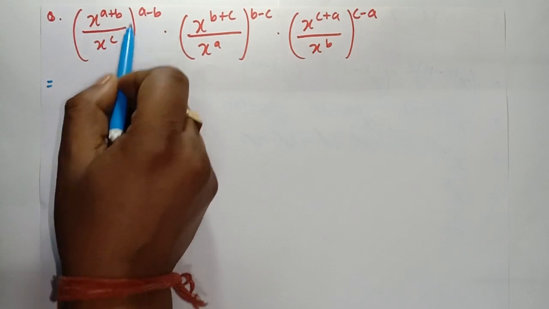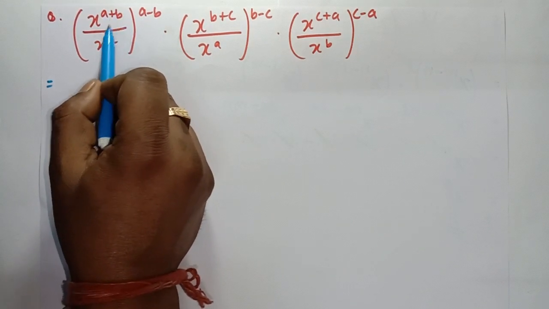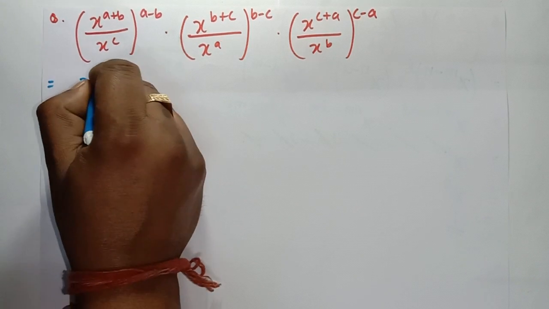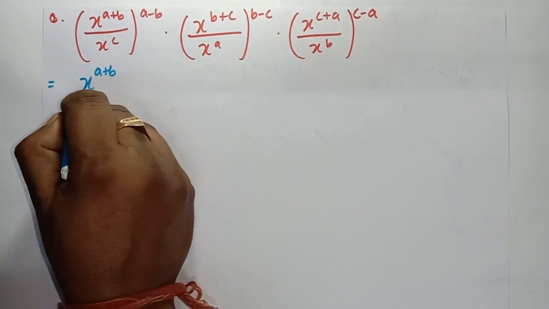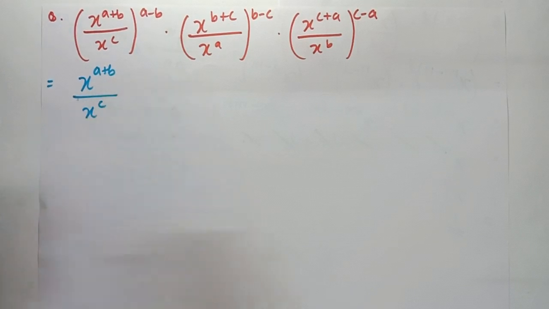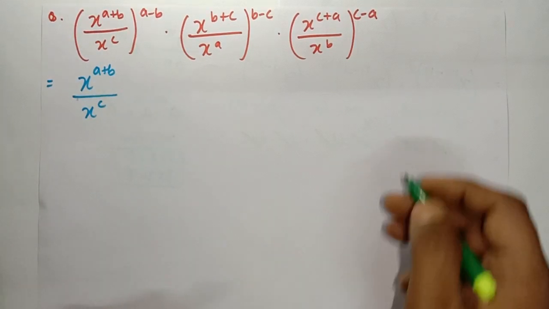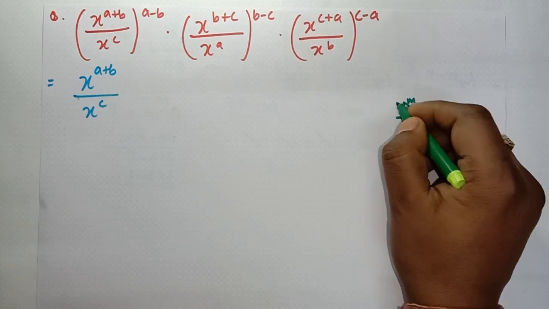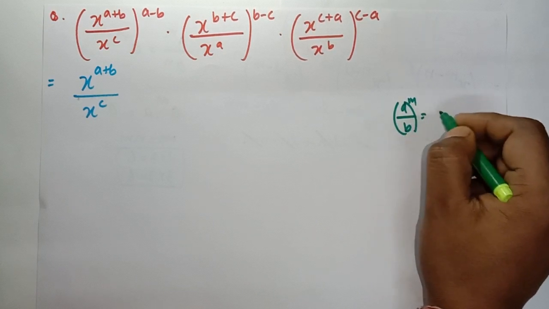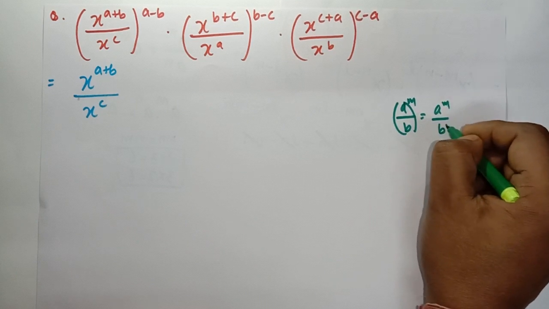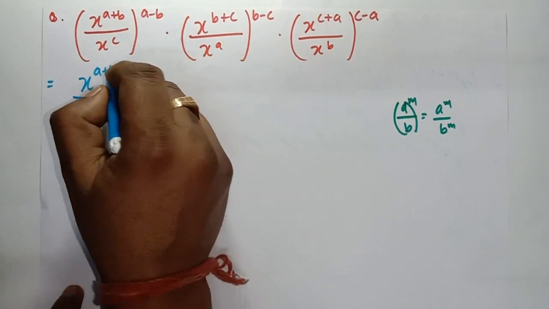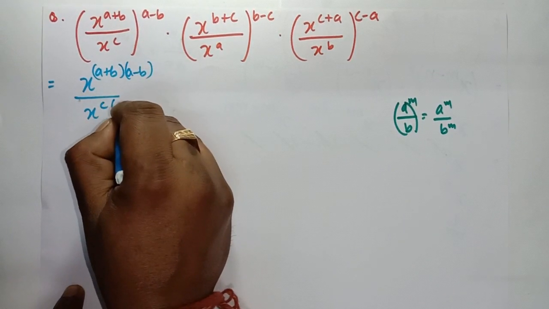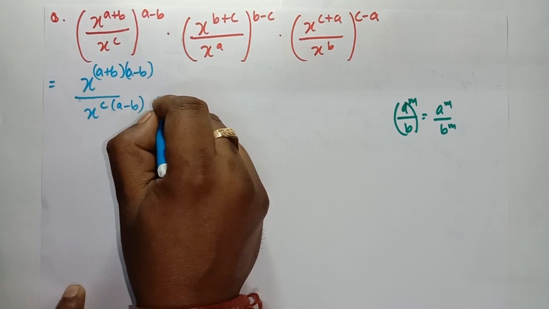See, I could take this up also, but I'll not take this. I'll keep it as it is, and I'll use another rule. Suppose I have (a by b) to the power m. This m belongs to this also, this also. That means a to the power m by b to the power m. That means this a minus b belongs to this also, a minus b, and this a minus b belongs to this also, a minus b dot.